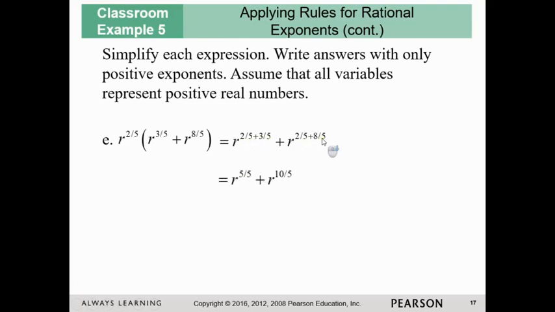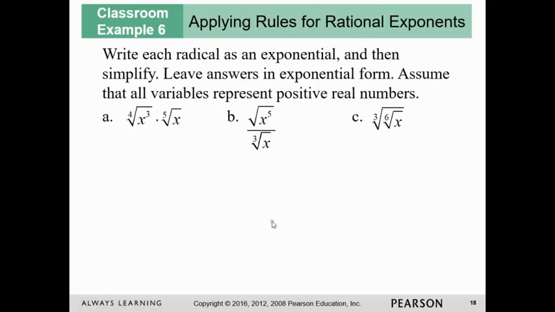We add those using the rules for adding fractions there, and we've got r to the 5/5 over r to the 10/5. R to the 5/5 reduces down to r to the first, and r to the 10/5 reduces down to r squared. 10 divided by 5 equals 2.